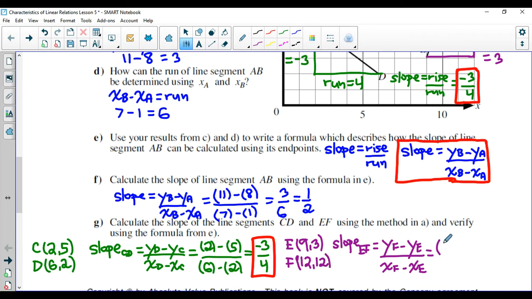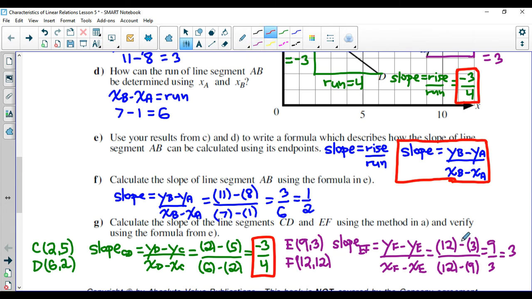So you'd have 12, subtract the y coordinate of point E, which is 3, and then divide by the x coordinate of point F, which is 12, minus the x coordinate of point E, which is 9. This would give you 12 minus 3 is 9, and then 12 minus 9 is 3, and then 9 divided by 3 is 3.